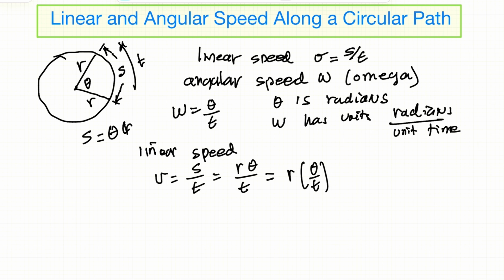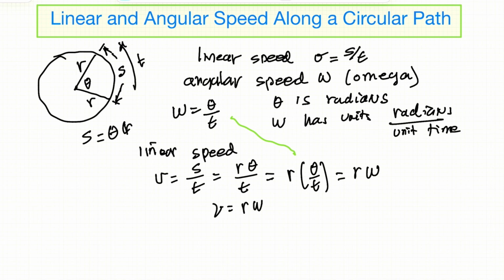And we just saw that omega is equal to theta divided by time. So that's just going to be equal to r omega. The speed written in terms of the radius is r omega.